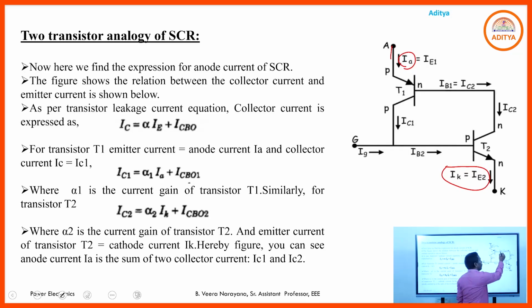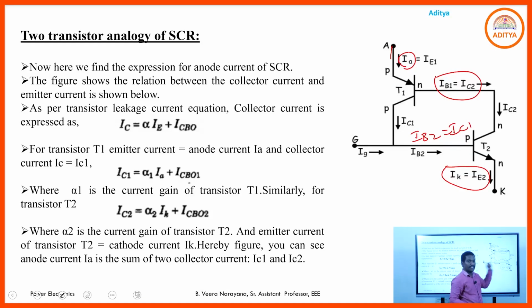We already said the base terminal of the first transistor is given to the collector terminal of the second transistor. Hence IB1 = IC2, and vice versa, IB2 = IC1. Here this is the collector terminal and this is IB2, so IB2 = IC1, and this one is the gate current IG. The gate terminal and the current flowing through it is IG.